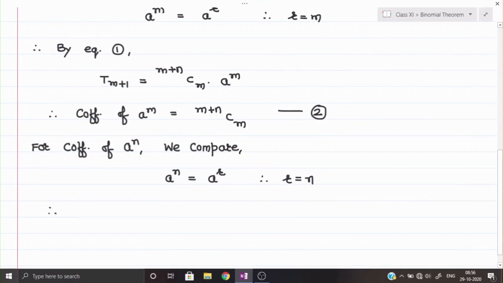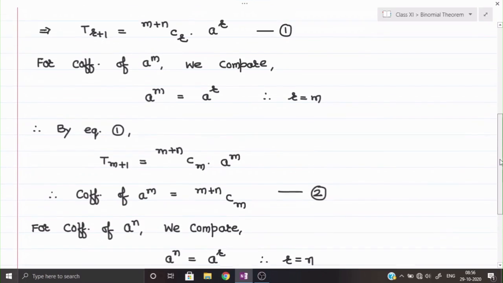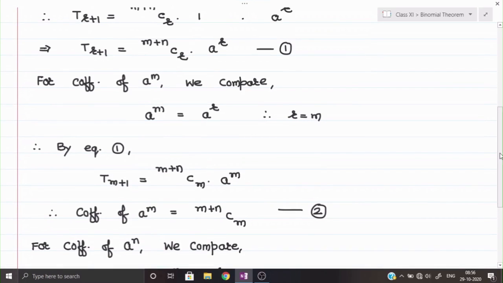So by equation number 1, if I put up the value, this will be t n plus 1 is equal to m plus n c n into a to the power n. You can check the equation number 1. I am just keeping the value of r as n. Okay, look at the equation number 1. In place of r, I am keeping the value n over there.